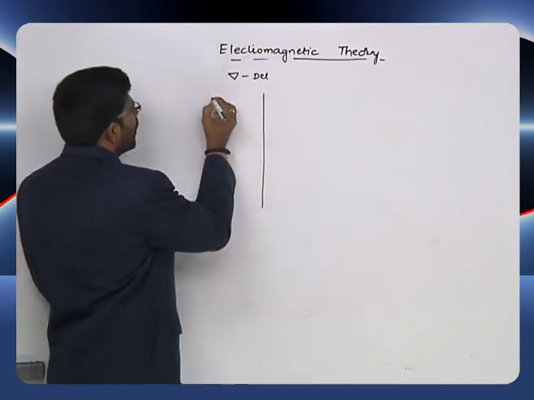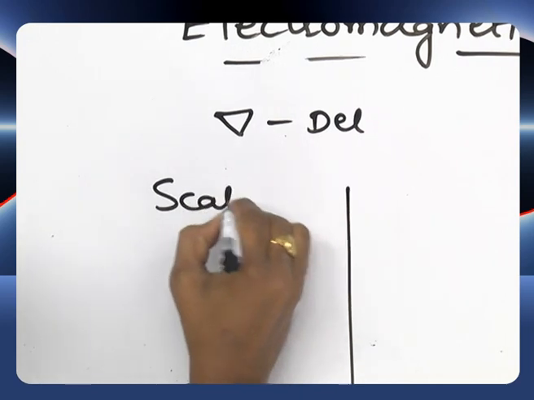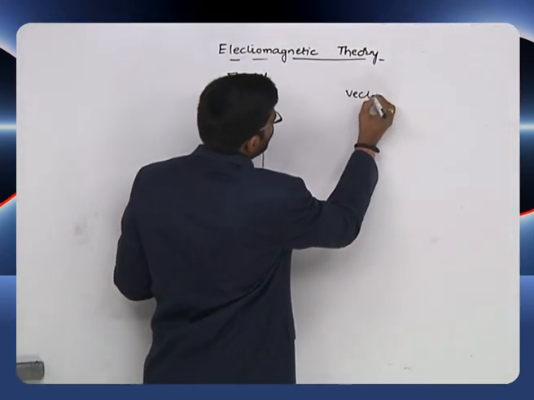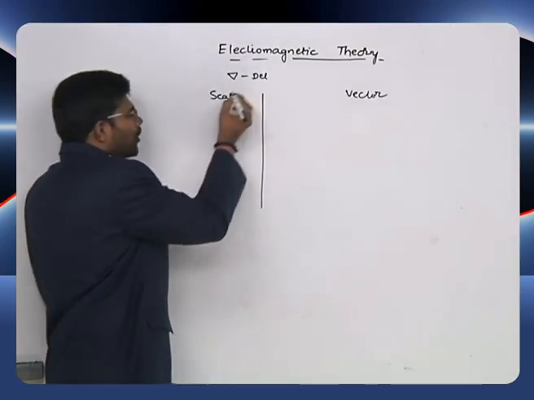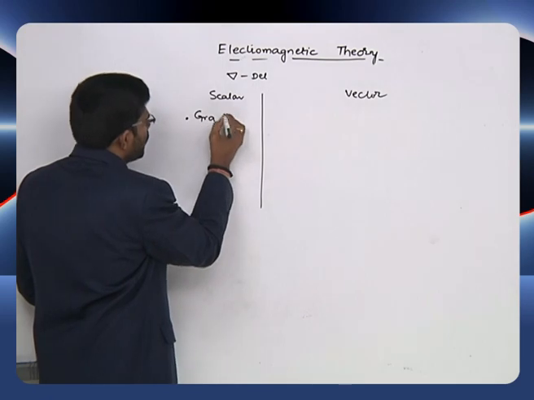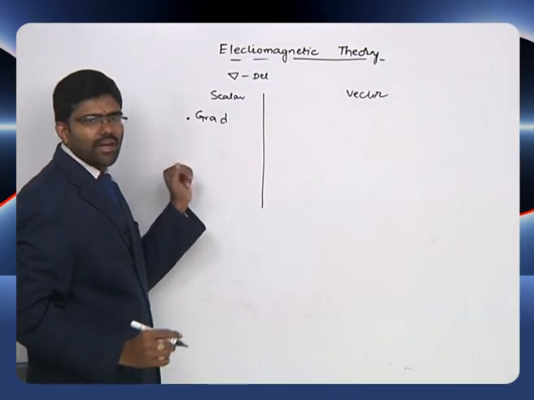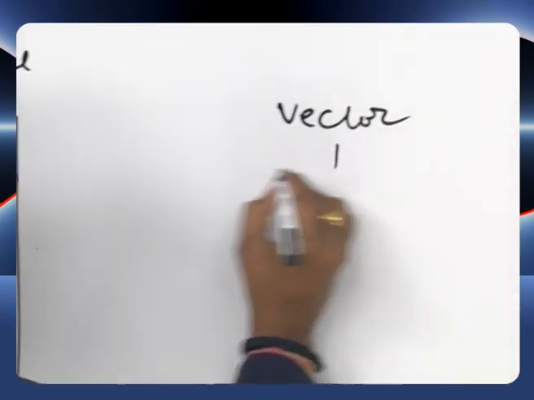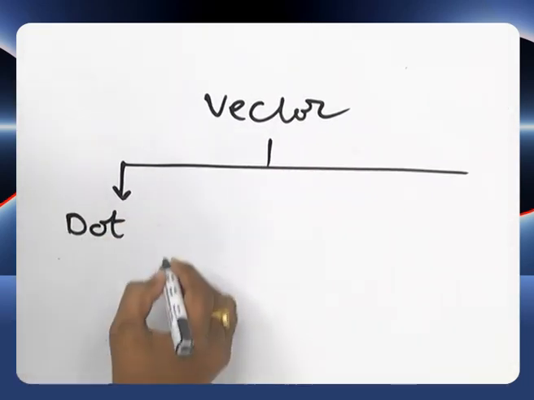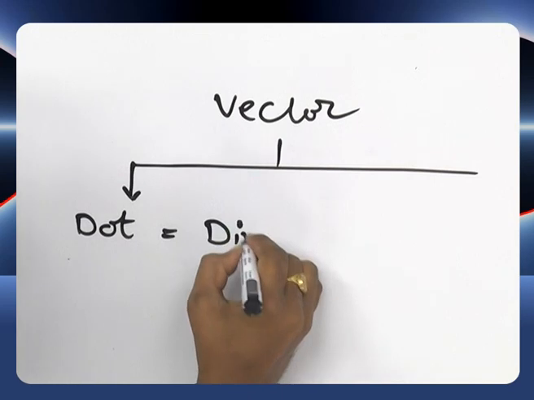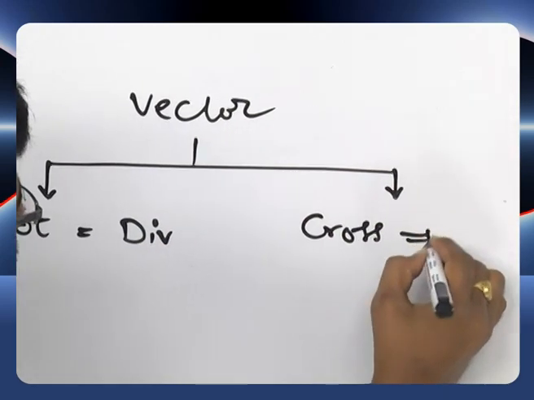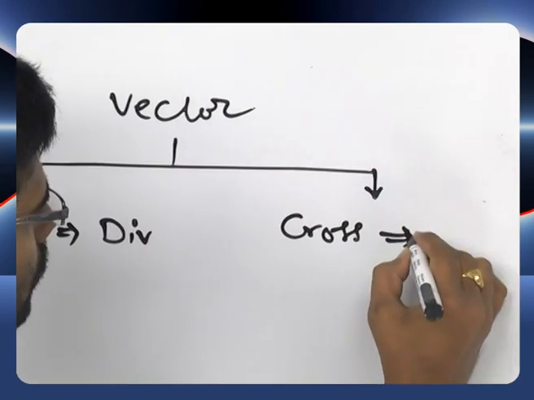If this del is operated on a scalar, and if it is operated on a vector. If it is operated on a scalar, it is called gradient. That the name is gradient. If it is operated on a vector, the dot product gives divergence and the cross product gives curl.